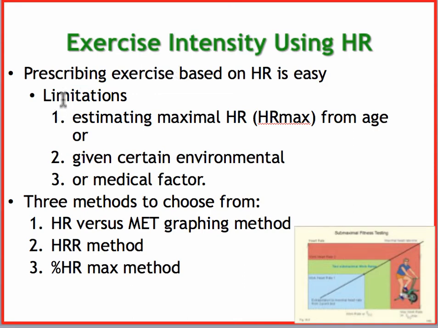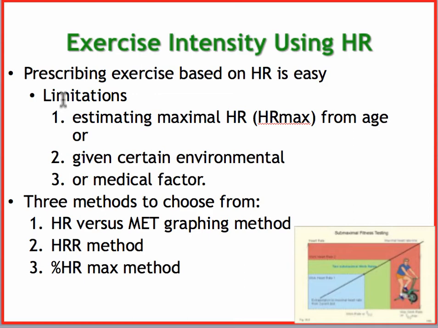Some of the limitations are that if you estimate heart rate max, like 220 minus age, like we did in class, or 208 minus 0.7 times age, those are estimations, and people's maximum heart rate varies by 10 to 20 beats from that estimated max.